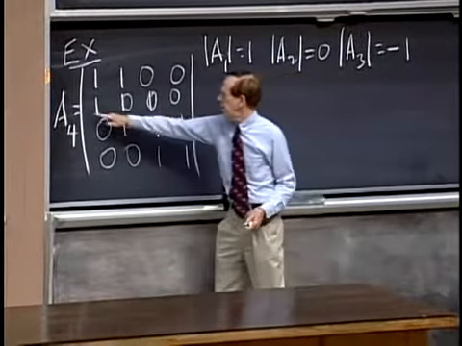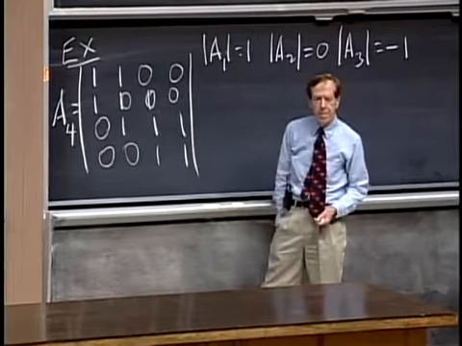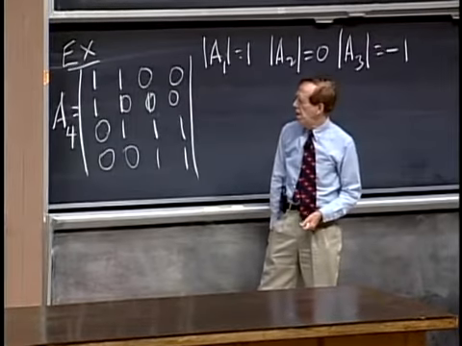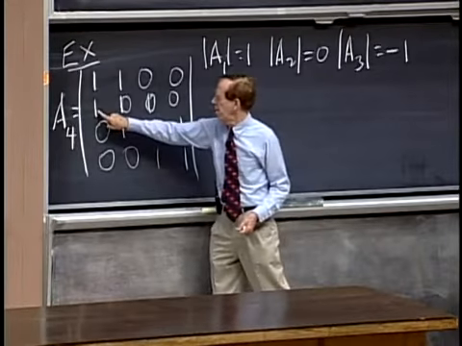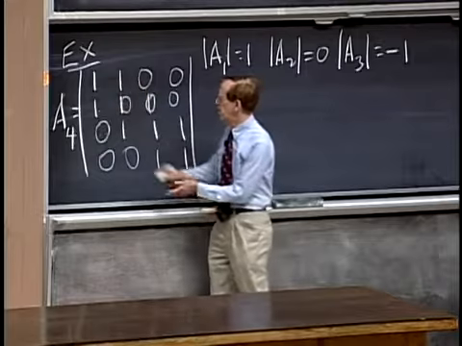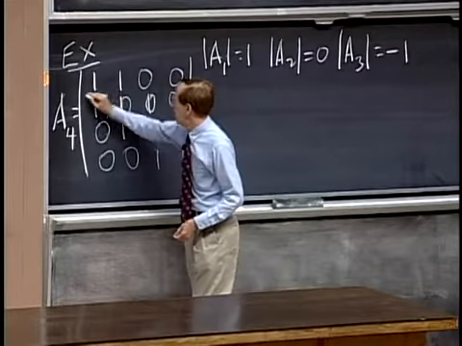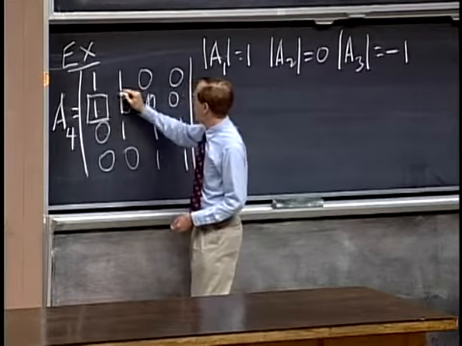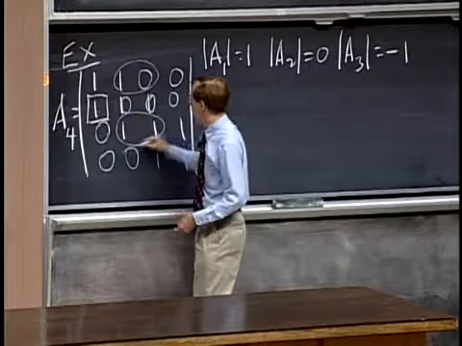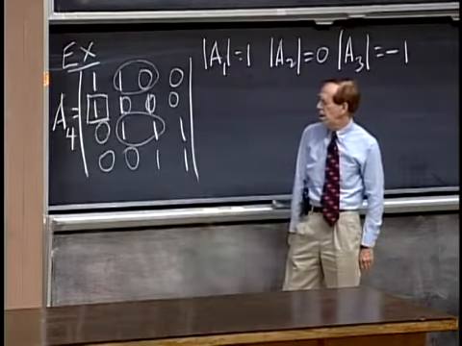Why not use the cofactor formula along that row? Then I take this number, let me put a box around it, times its cofactor, which is the determinant of that and that, which is what?